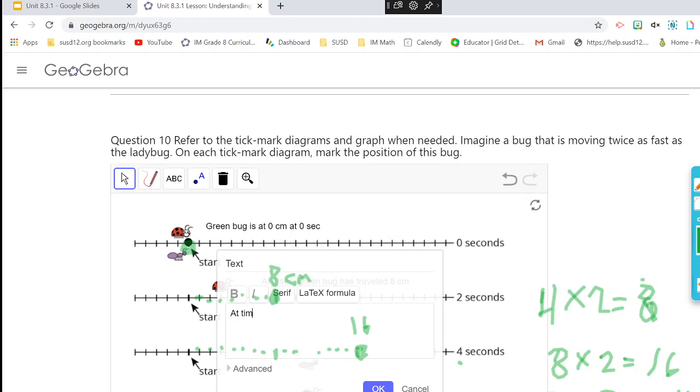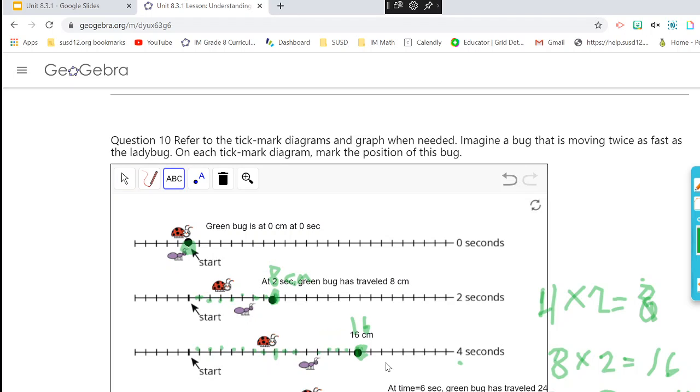At time equals 6 seconds, green bug has traveled 24 centimeters. Okay, there we go. Now you did it. You've labeled the graph for a bug that is moving twice as fast as ladybug.